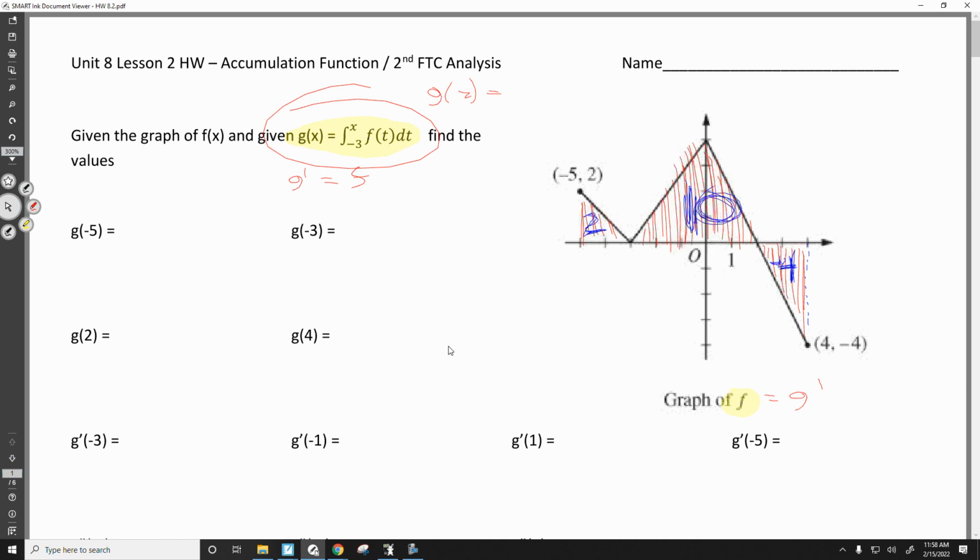I need everybody to get this. It's base 2, height 2. If I'm doing G of -5, I'm going from -3 to -5. I'm going back in time, so it makes sense that you're going left. You get -2. What's G of 4? 10 minus 4 is 6.